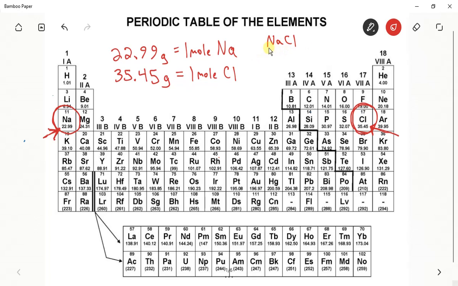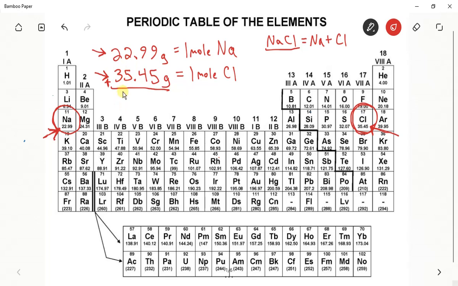Well, didn't we say that sodium chloride is 1 mole of sodium plus 1 mole of chlorine? So if we take this 1 mole of sodium, this 22.99 grams, and this 1 mole of chlorine, this 35.45 grams, and we just add them together, then that's going to give us how many grams is in 1 mole of sodium chloride.